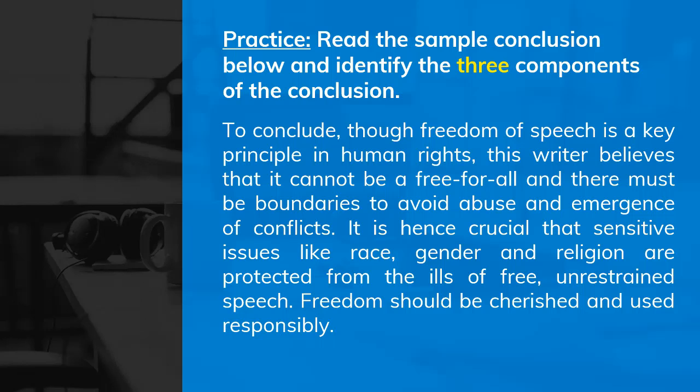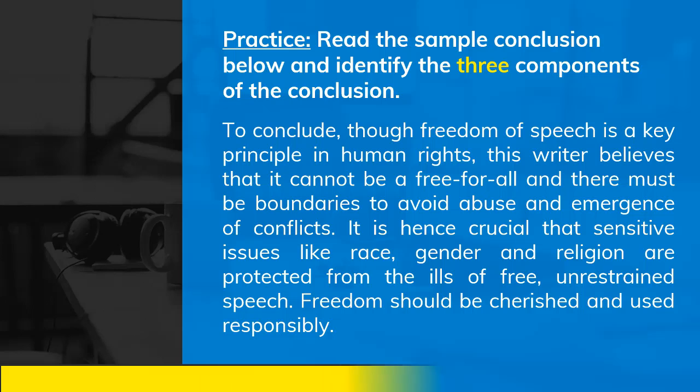So, you're supposed to identify what is the thesis statement, what is the middle section, and last but not least, the impact statement. Okay? We will pause now. Alright, if you need more time, please pause, otherwise we'll move on.